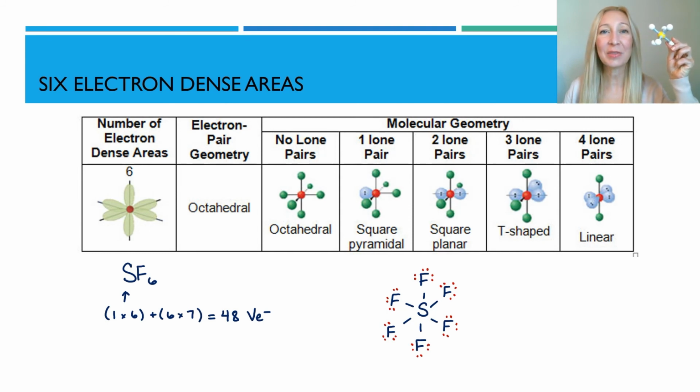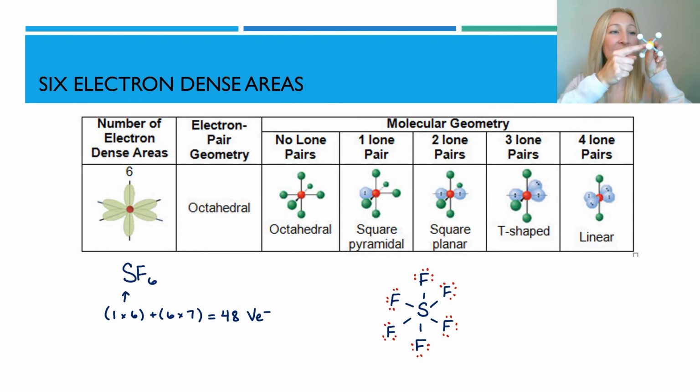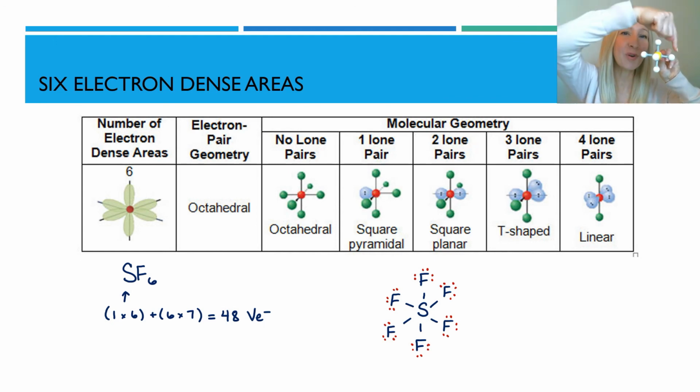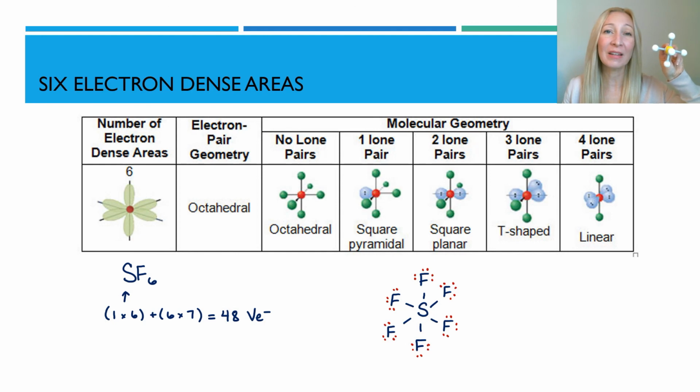So this is the three-dimensional structure of SF6. Imagine these are fluorine atoms, and this is our sulfur atom in the middle. One thing you're going to notice is if we turn it on this plane, we have bond angles of 90 degrees. And if we turn it on this plane, we have bond angles of 90 degrees. So every bond angle, aside from going across the molecule, is going to be 90 degrees.